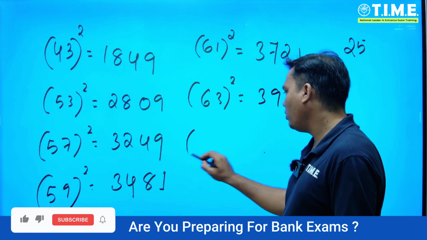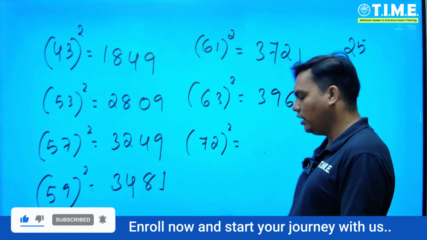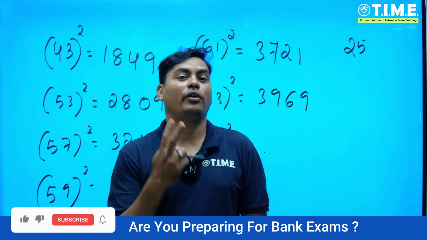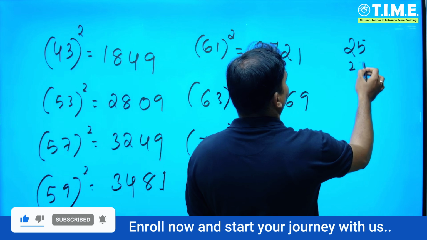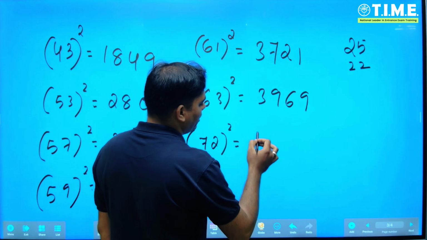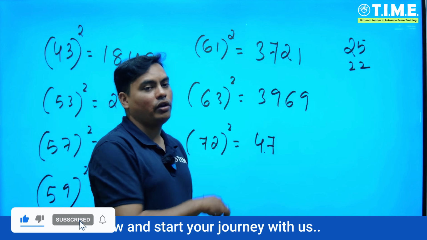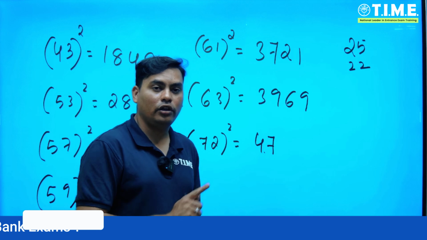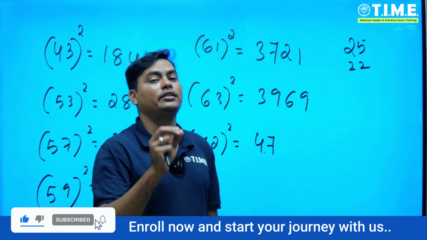Now we'll move to the last number. We'll find what is 72 square now. If you observe, 72 square is more than 50 by how much? 22. Correct? I will be adding that 22 with 25. 25 plus 22 will be 47. Yes, everyone? Now 22 square. What is 22 square? 484. That was the reason I told you, whenever you are going for any competitive exam, you should know squares up to 30.